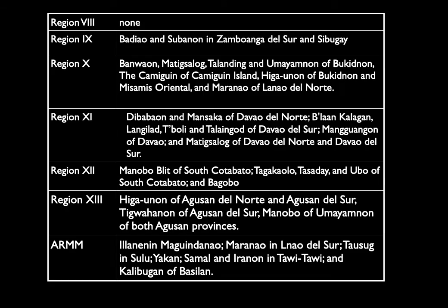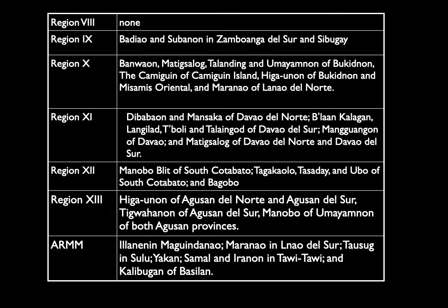While in Region 8, there's none. In Region 9, we have Badiao and Subanon in Zamboanga del Sur and Sibugay. In Region 10, we have Banwaon, Matigsalog, Talaandig, and Umayamnon of Bukidnon. The Camiguin of Camiguin Island, the Higaunon of Bukidnon in Misamis Oriental, and Maranao of Lanao del Norte.